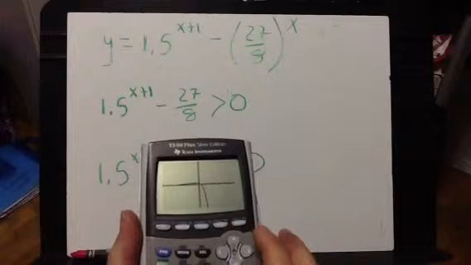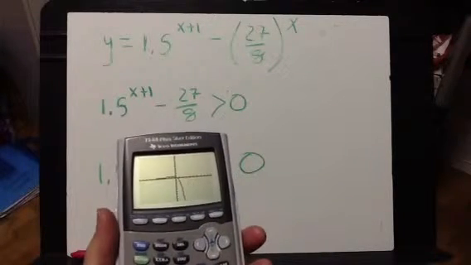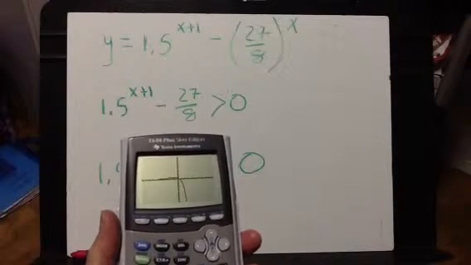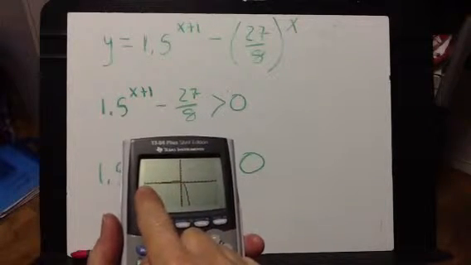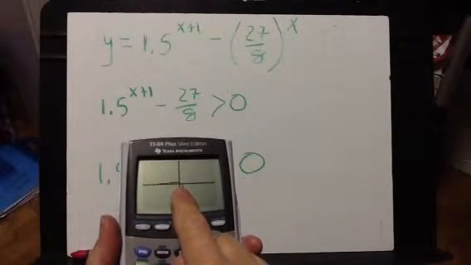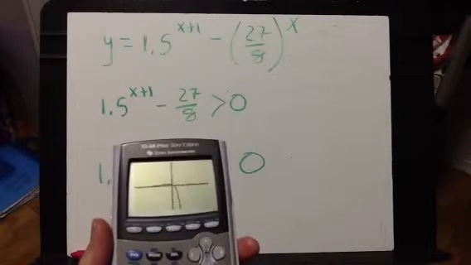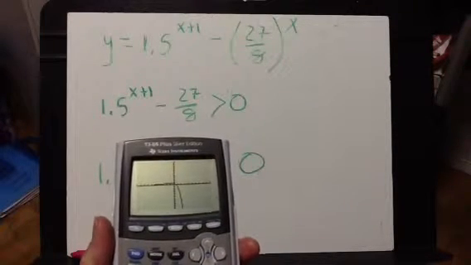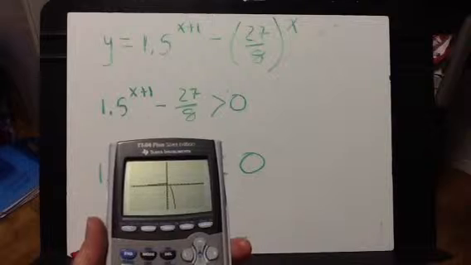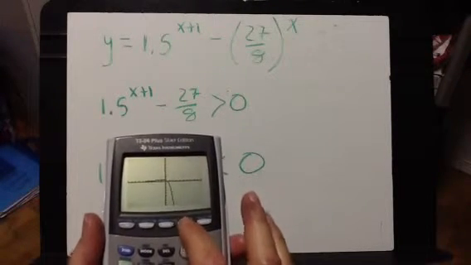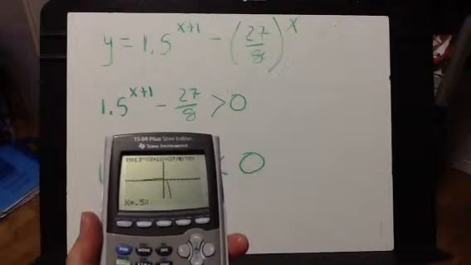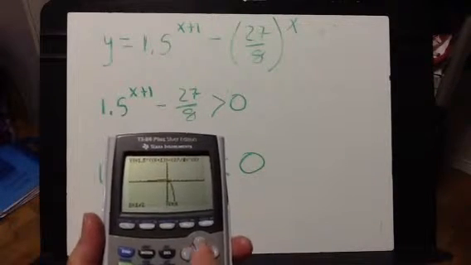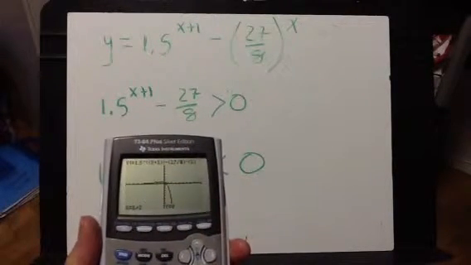Not a very interesting graph. It looks like it has an asymptote off to the left and then it crosses right there. We decided that 1/2 ought to be the zero of that function. So we press the trace button, type 0.5, press enter, and sure enough, y turns out to be 0.